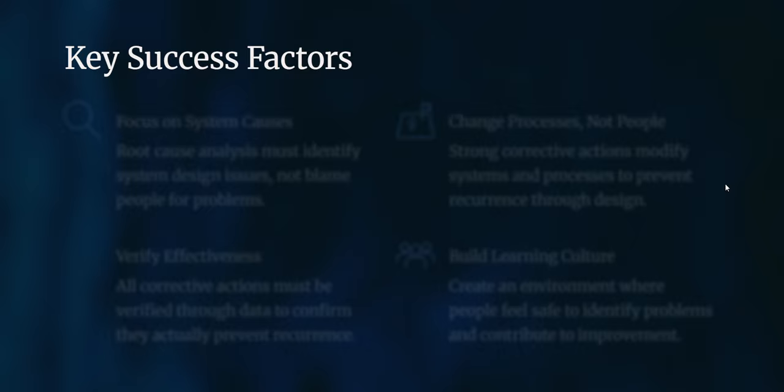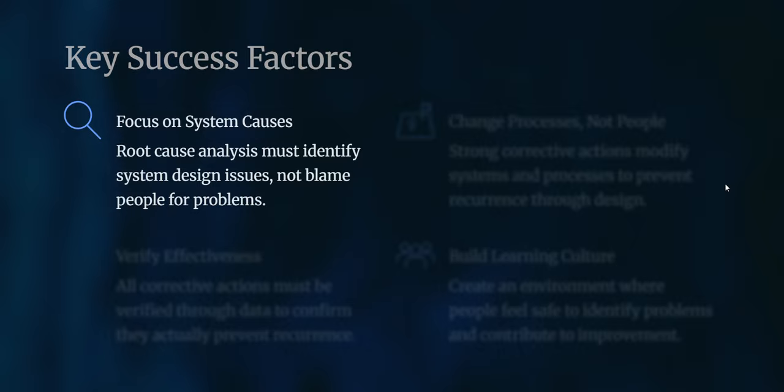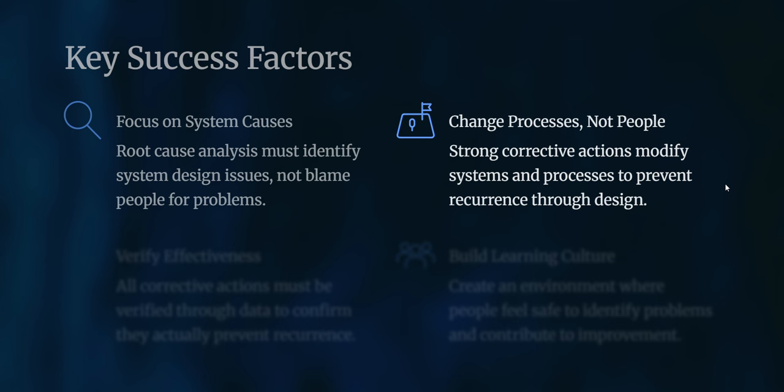The key success factors to measure the implementation. First, focus on system causes: root cause analysis should identify system design issues, not blame people for problems. Secondly, change processes, not people, which means strong corrective actions modify systems and processes to prevent recurrence through design.